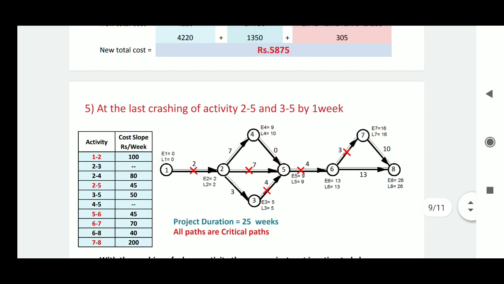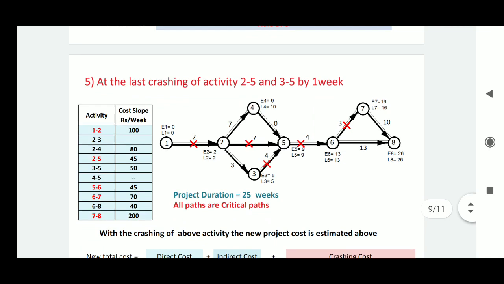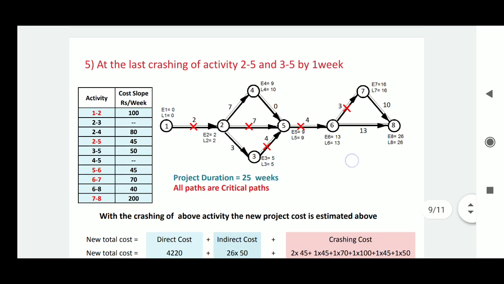Now see that now we have to crash the activity 25 and 35 by 1 week. Now we have 1 week remaining in the activity 25.